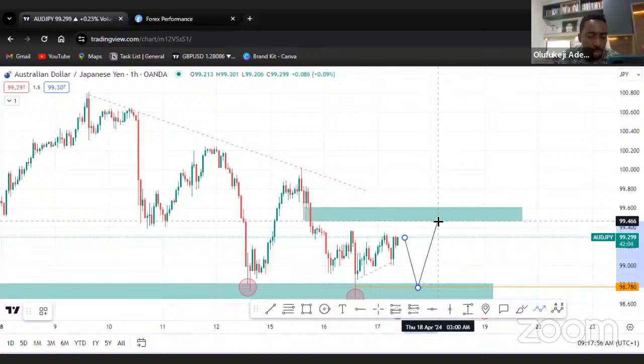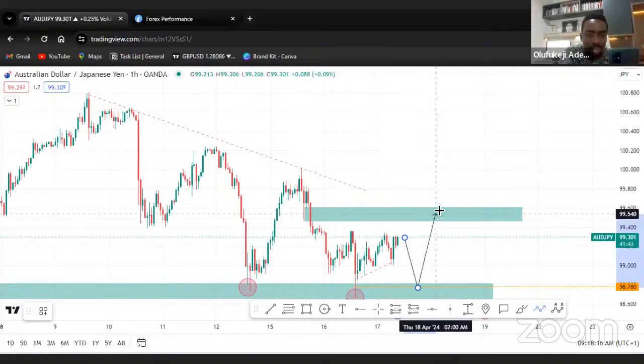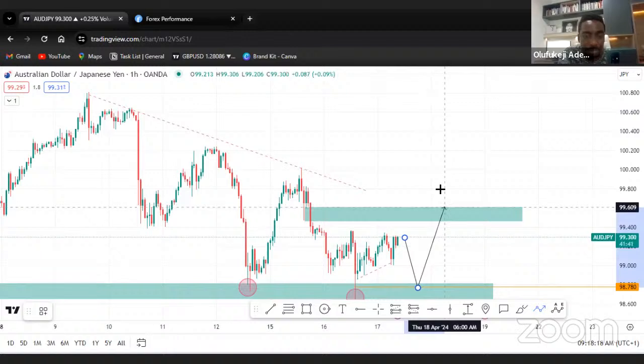So we expect price to come into that 50% level, what some people call consequent encroachment. When it taps into that, that's our shoulder. This is our sweep. We expect price to break structure to the upside and take out this fair value gap, because there's so much liquidity above the fair value gap.